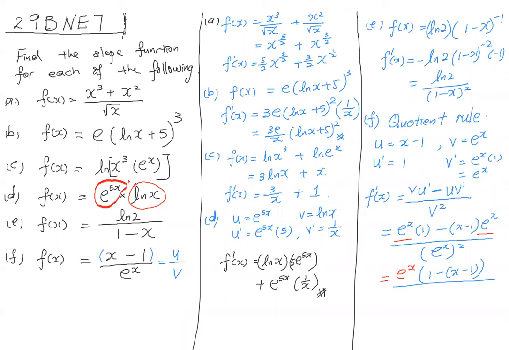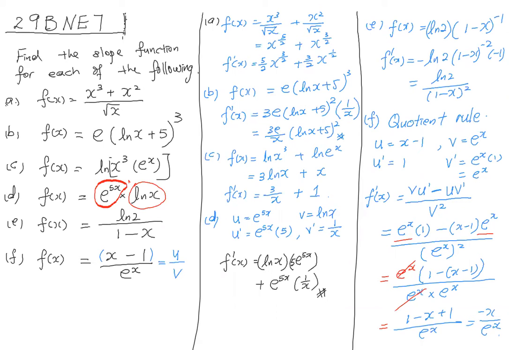Divide by e to the power x squared, which means e to the power x times e to the power x. Do you know why I write like that? So that I can simplify this. So the whole thing becomes 1 minus x plus 1 divided by e to the power x. So the answer is negative x over e to the power x.